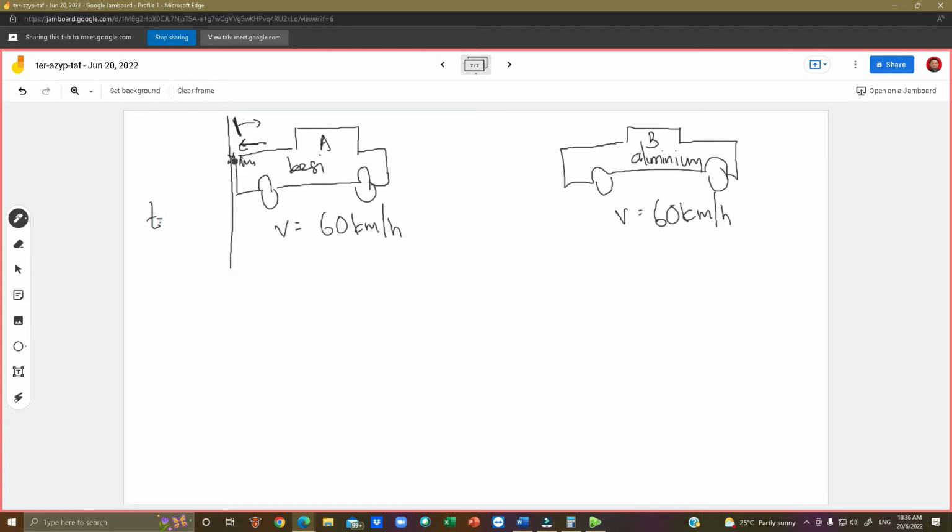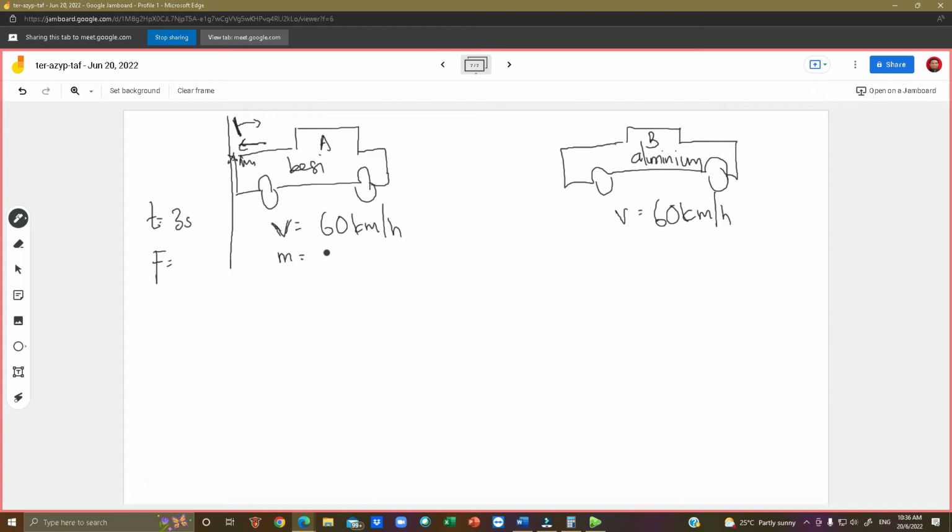Okay, katalah masa yang diambil untuk berlanggar lepas tu bounce is 3 second. Masa untuk diambil untuk berlanggar and bounce is 3 second. So my question is, how much force occurs within this system?